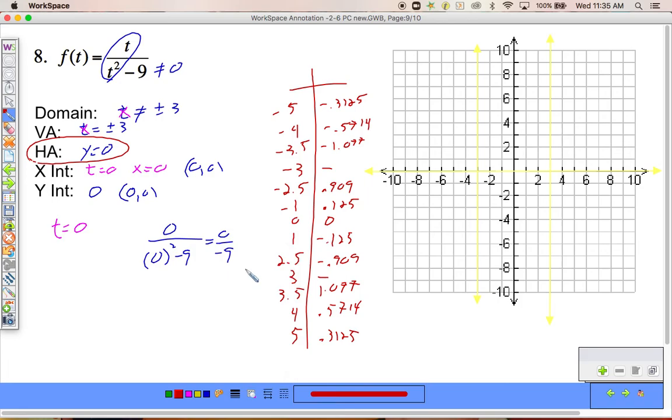And now I'm going to start plotting these. All right, so negative 5 is about here. Negative 4 is about here and here. Negative 2.5 is about here.